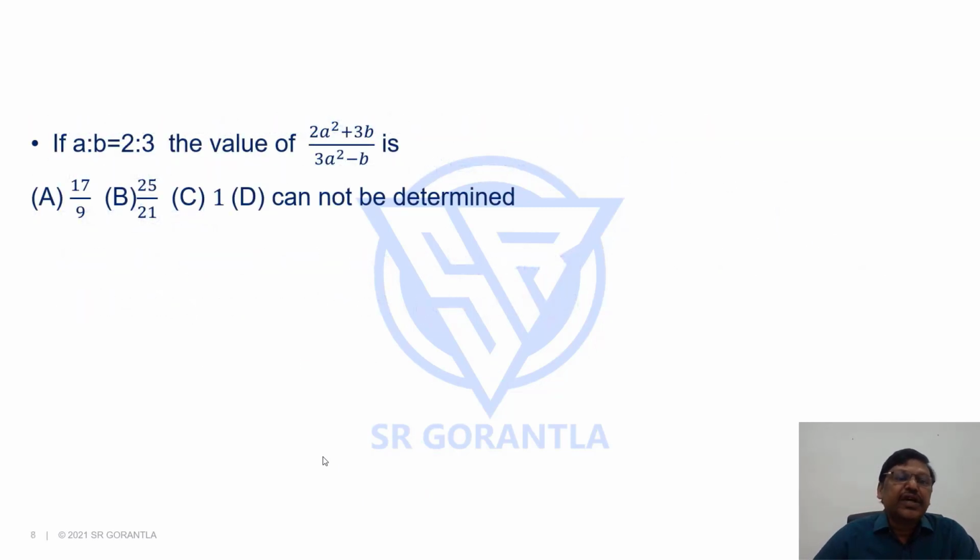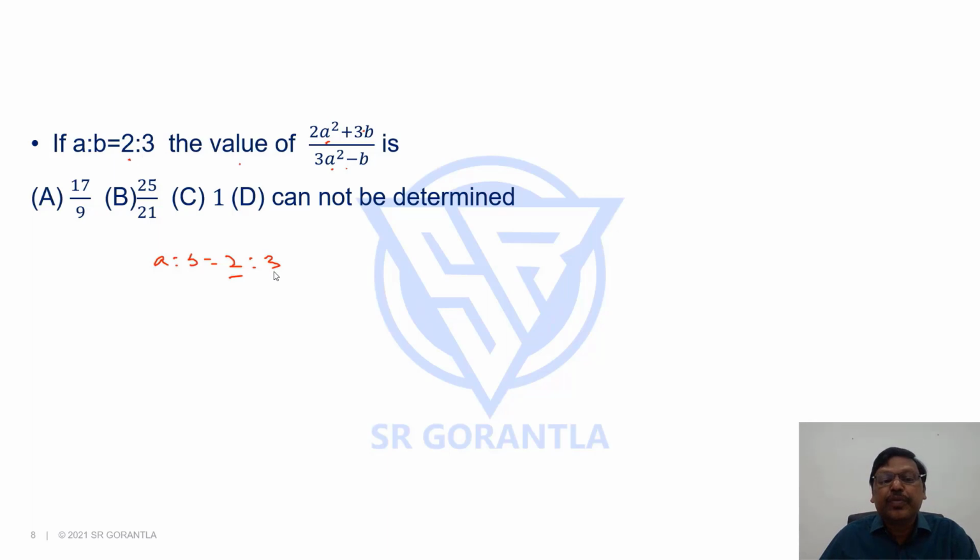The first one. If a is to b equals 2:3, the value of 2a square plus 3b by 3a square minus b is. Now, as we discussed, when I say a is to b is 2:3, it's not necessary that a is 2 and b is 3. I told you in that example, when I say boys and girls are at the ratio 3:2, it's not necessary that boys are only 3 and girls are only 2.